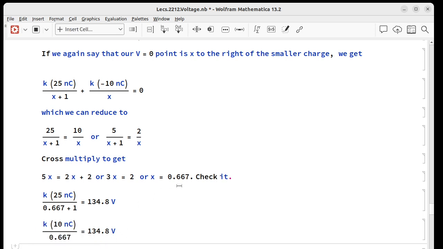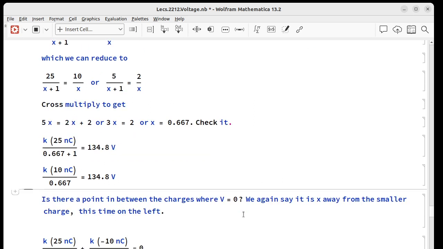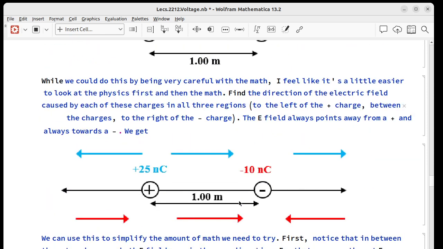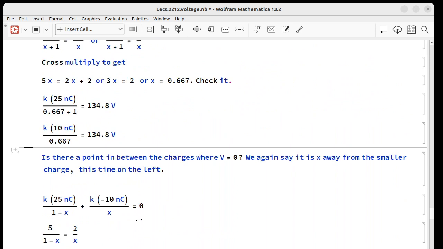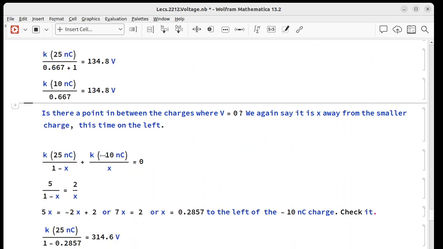Is there a point in between the charges where V equals 0? Again, we'll say it's x away from the smaller charge. This time that means x this way to the left. So if we say that, we have k times 25 nanocoulombs over 1 minus x plus k times negative 10 nanocoulombs over x equals 0.